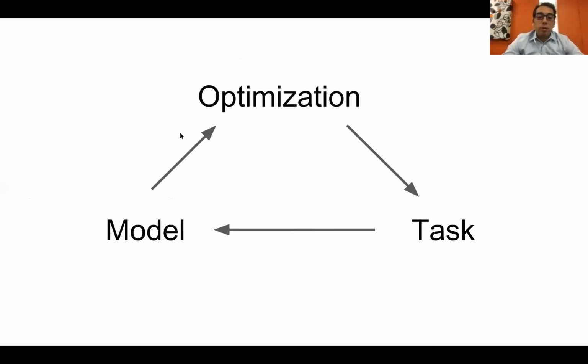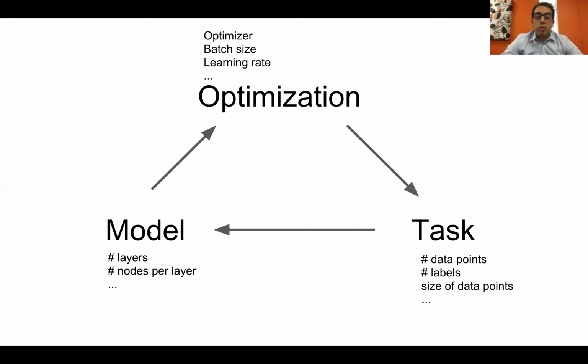So going back to that, we start with a model, we increase model complexity little by little, we find an optimization technique that can solve that, and in our optimization, we have to tune the optimizer algorithm. There are many different optimizers for neural networks: stochastic gradient descent, Adam optimizer, momentum, RMSprop, and so on.